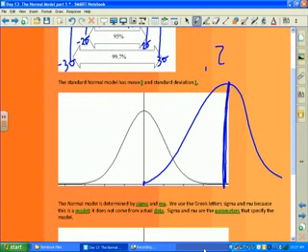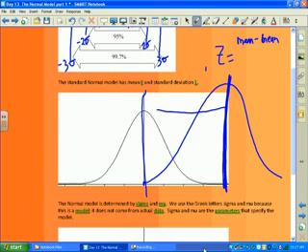To get a z-score, if I want to make 64.5 go down to 0, what should I do? I should subtract 64.5. Very good. So if I want to make my mean 0, I should take my mean and subtract its value. So I shifted it down here to 0.